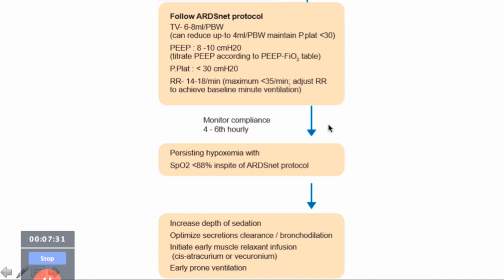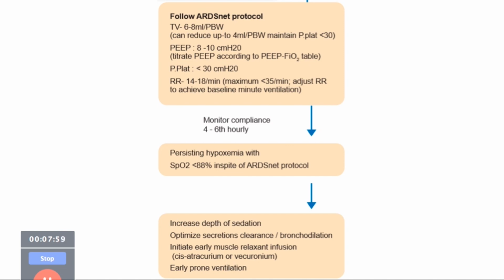Once you have put them on that, it's not the end of the job or the tasks that we have. We need to keep monitoring the plateau pressure. Suppose you put on 6 ml per kg of predicted body weight and you see the plateau pressure is 35, then the next logical step would be to reduce the tidal volume to 4 ml per kg.